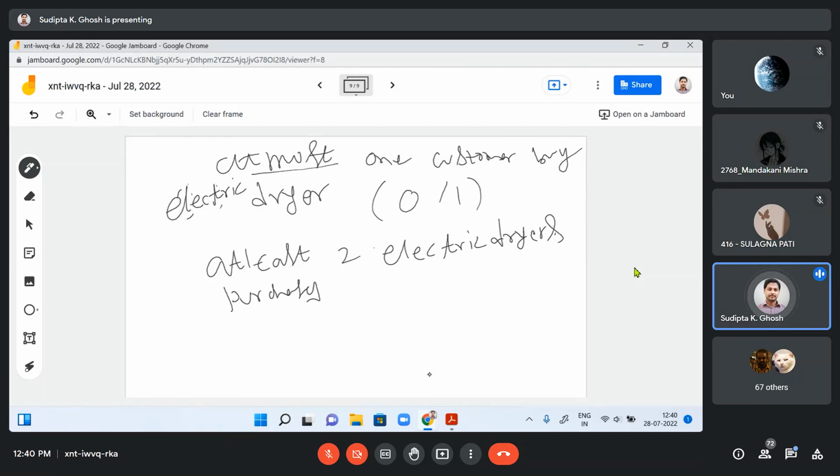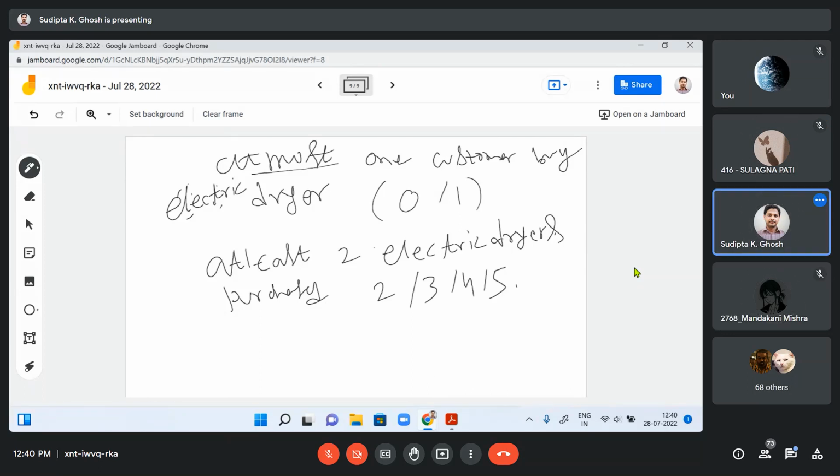What is the meaning? At least 2 means either 2 or more: 2, 3, 4 or 5, correct? Yes, sir.